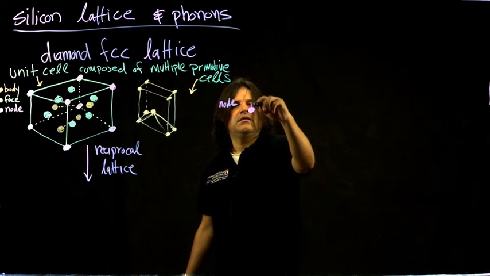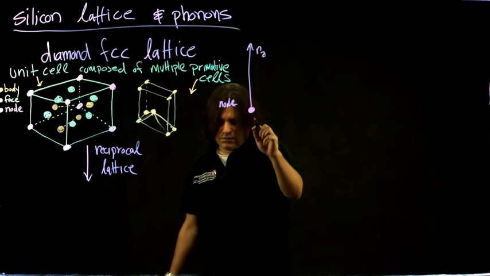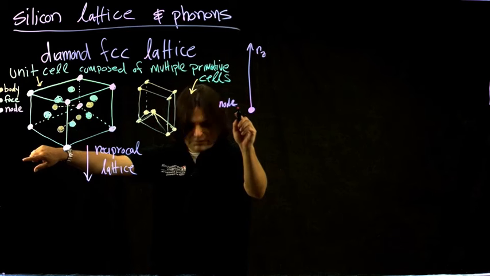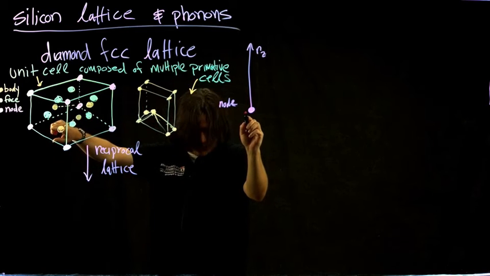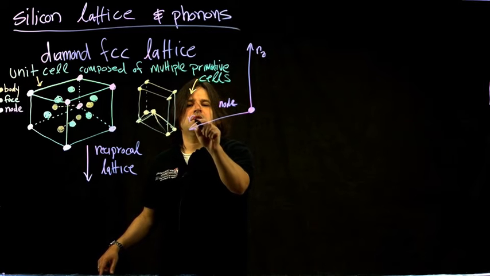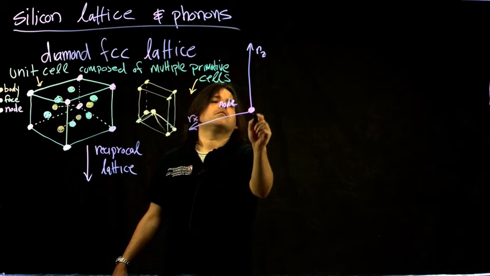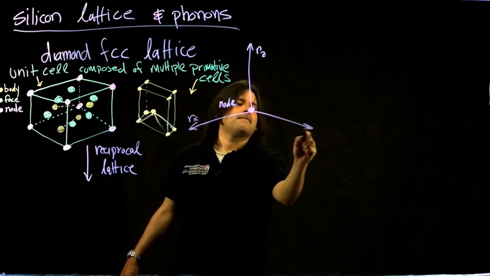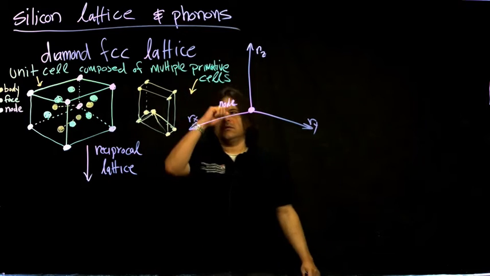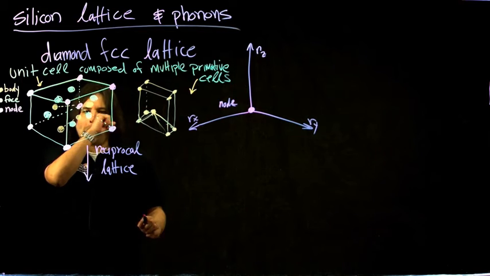So this would be some axis in the Z direction, some axis X, yeah, that's X. This is Y.